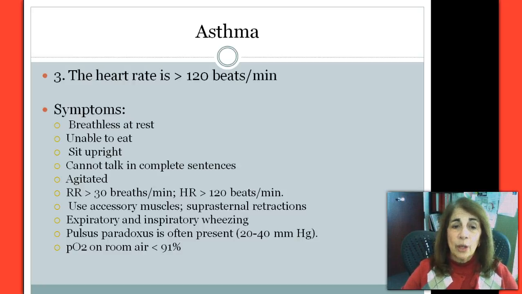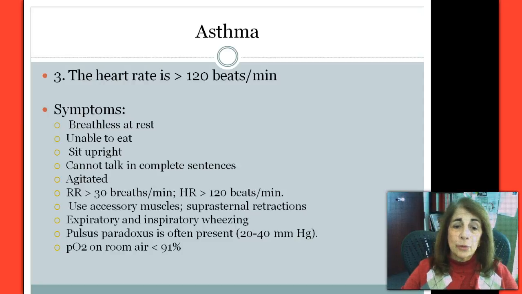They are sitting upright. They become agitated because of a lack of oxygen. Their respiratory rate is often greater than 30 breaths per minute, and their heart rate is elevated at greater than 120 beats per minute. They use their accessory muscles to help them breathe, and they may have suprasternal retractions.